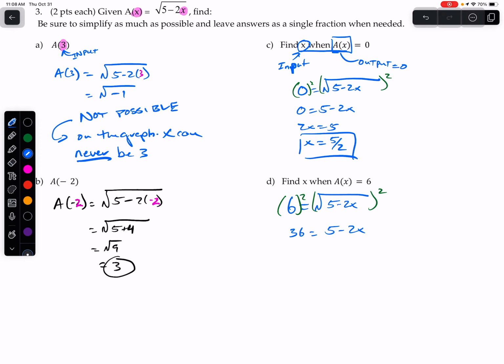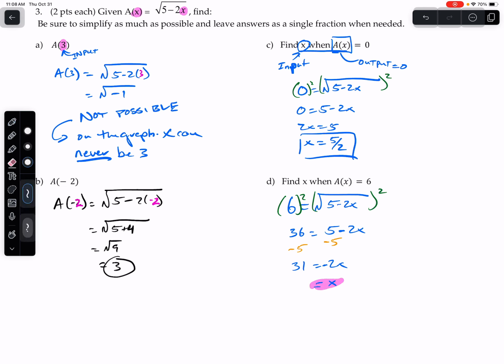So subtract 5 from both sides. We get 31 equals negative 2x. Don't forget the negative sign there.